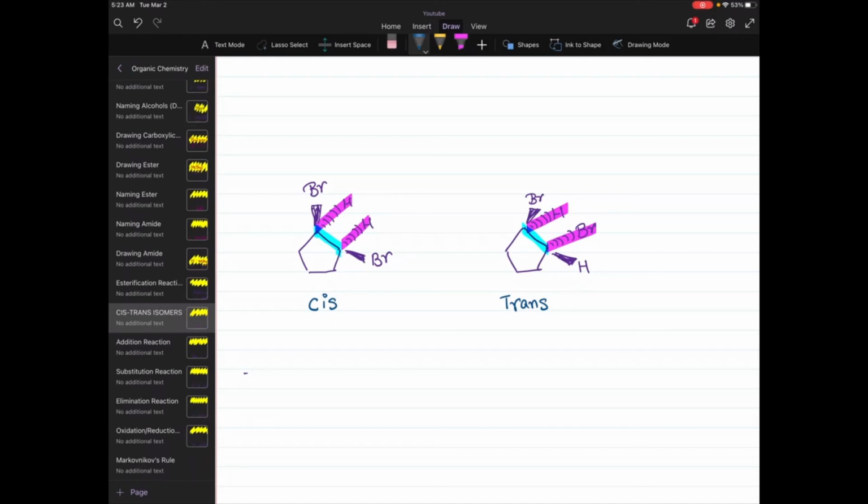This can also work with amides, where the bond cannot rotate. So it will work with any of the compounds. The same idea works with any compounds where the bond cannot rotate freely because it's connected with at least 2 bonds between the same carbon, between the same elements. And therefore, that is what cis and trans isomers are about.